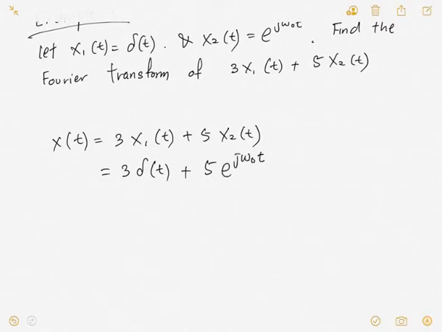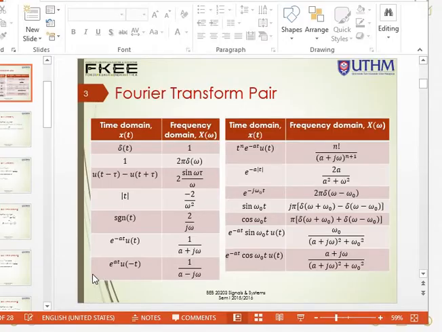So by using the Fourier transform table, you can get X(omega) equal to 3. If you look at the delta, you will get 1. So 3 multiplied by 1, plus 5 times e^(j omega naught t), which equals 2 pi delta(omega minus omega naught).